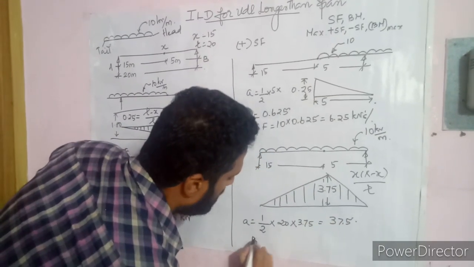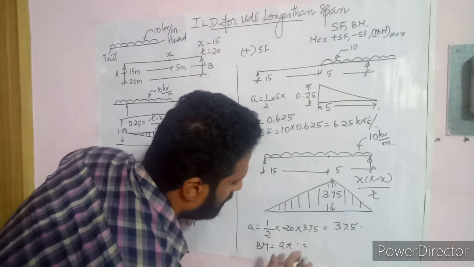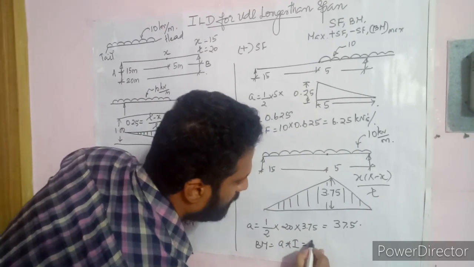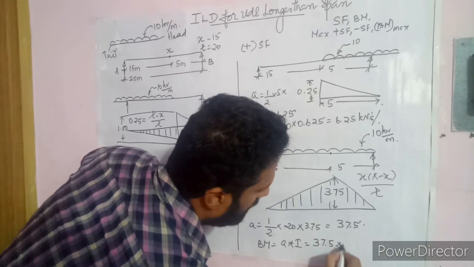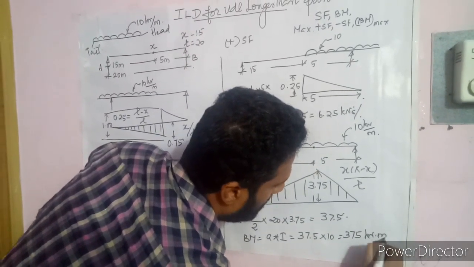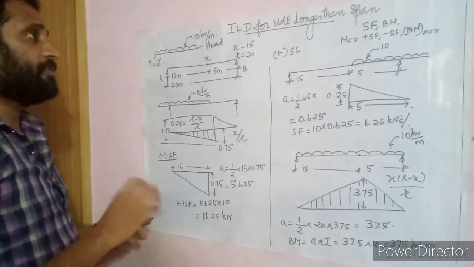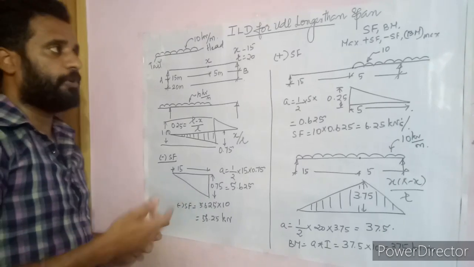The bending moment will be area into load intensity, so 37.5 into 10, which is 375 kilonewton meter. So this is the shear force and bending moment.